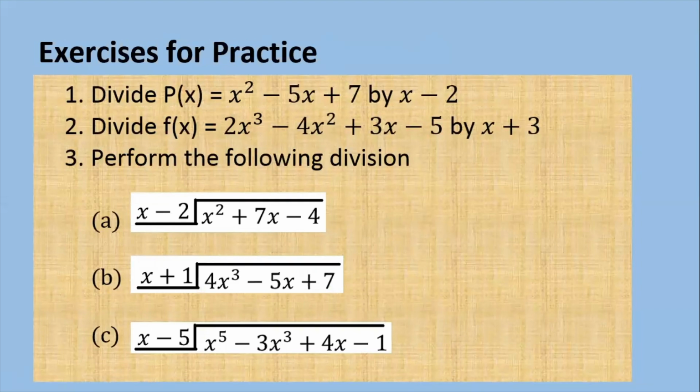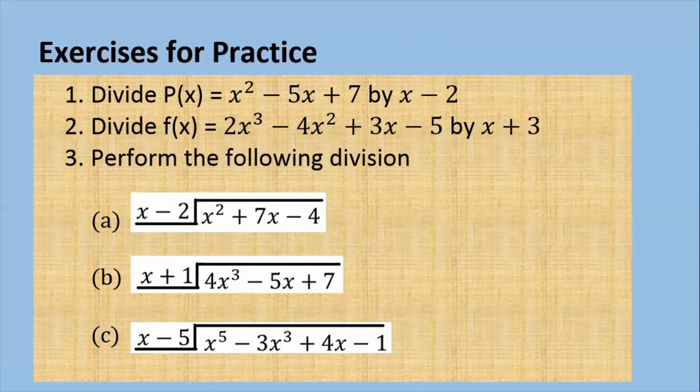Now, a few exercises for you to practice. Question number 1, divide p of x, which is equal to x squared minus 5x plus 7, by x minus 2. Question number 2, divide f of x, which is equal to 2x cubed minus 4x squared plus 3x minus 5, by x plus 3. And question number 3, you have to perform the following divisions.